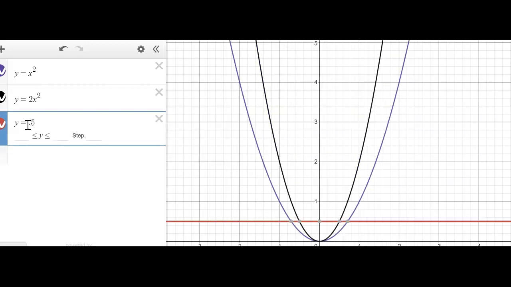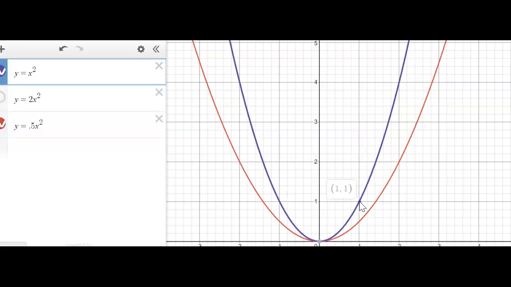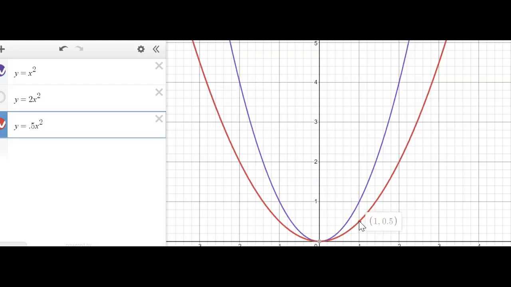There you can see in the red, it's become wider. So that means the point, and I'll just get rid of the black one, (1, 1). We're still doing it from the x-axis, but by a factor of 1/2. So if I go down to here, it should be (1, 0.5).